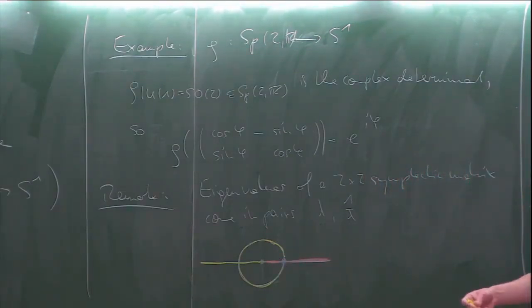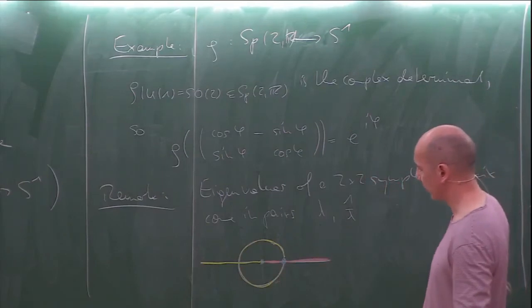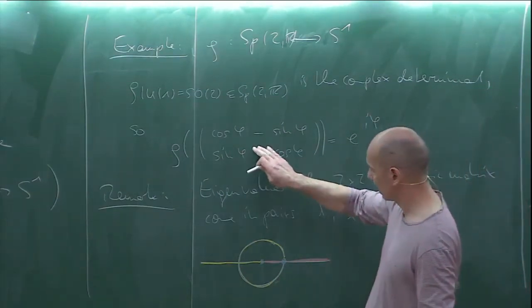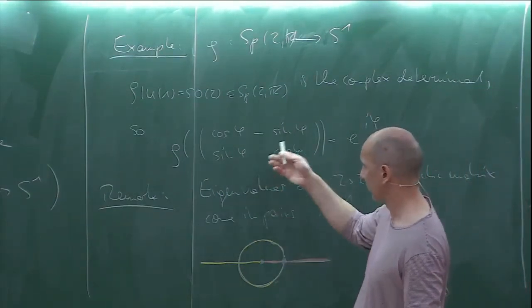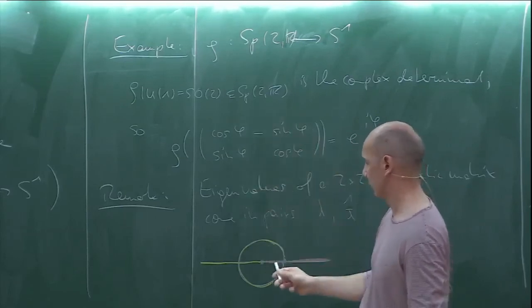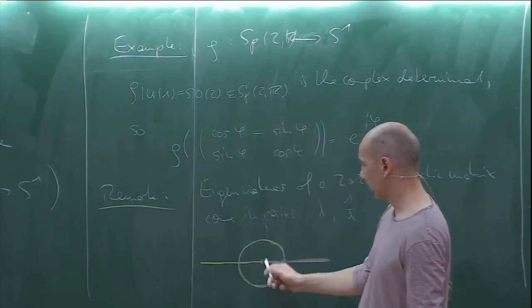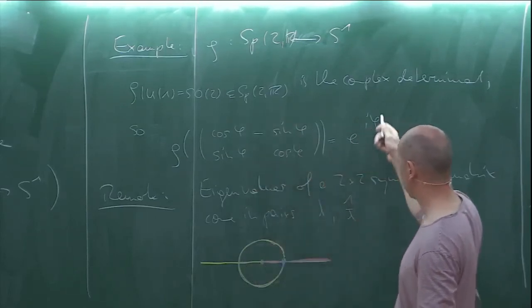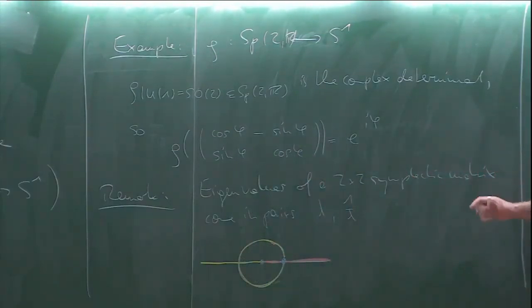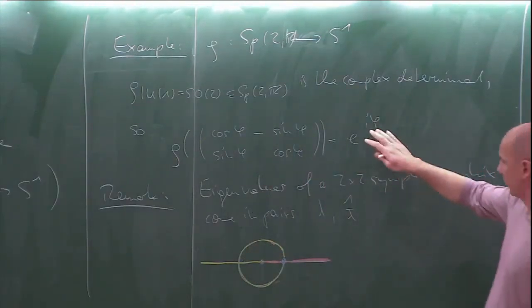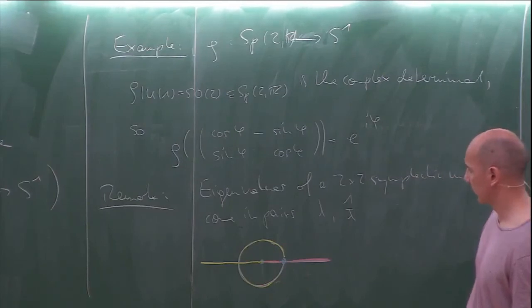And so I just told you that if you're literally a rotation, then the eigenvalues are on the circle, and it's really just e to the i phi. You're just looking at the angle of rotation.